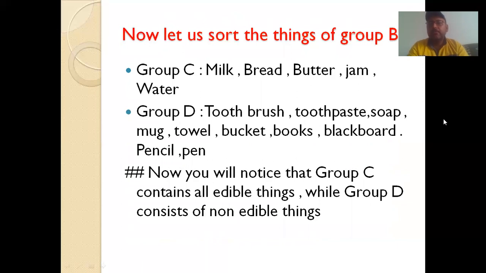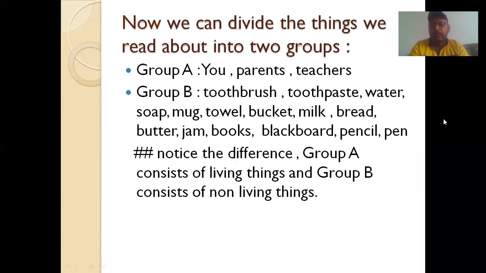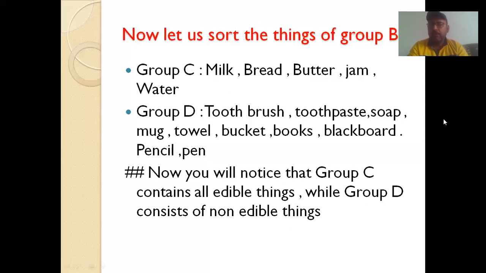Now let us sort the things of group B, right? The material present in group B, I am again going to sort out. When I sort it out, I come to the conclusion that group C is milk, bread, butter, jam, water, and group D is toothbrush, toothpaste, soap, mug, towel, bucket, etc. Now, did you notice that group C contains all edible things: milk, bread, butter, jam, water, while group D consists of non-edible things.